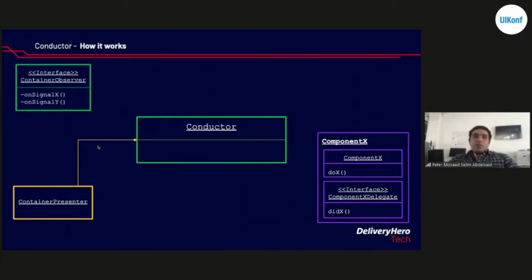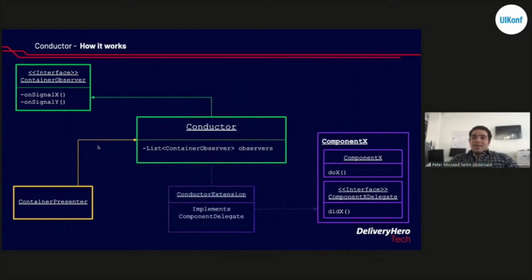Then every screen defines a container observer interface or protocol, which contains all the signals or events that might happen inside one screen. And the conductor has a list of observers that implement this interface. So now, how do we get the signals from the component to the conductor? In an extension to the conductor, we implement the delegate of the component.